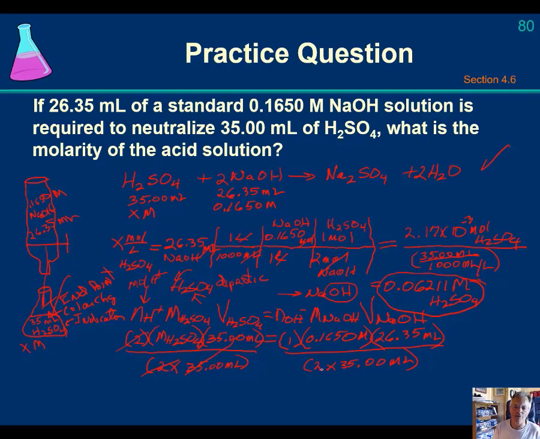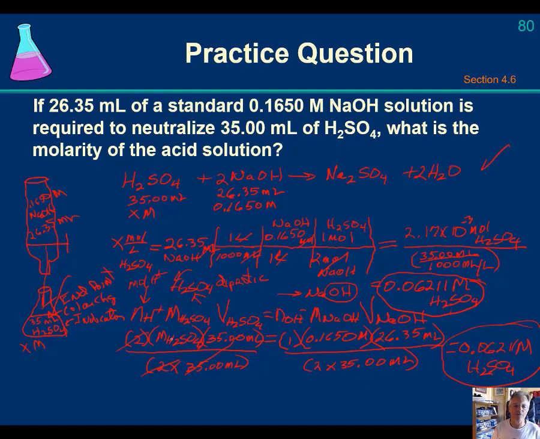That's why that 2 is in the denominator, and then the volume of the H2SO4 is down here in the denominator, and in this problem the volume is in the denominator. So you will wind up with exactly the same answer using this method of calculating your titrations.